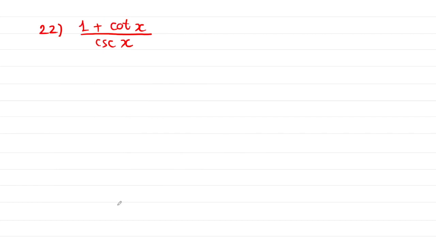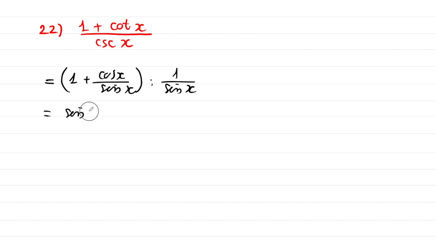Question 22. 1 plus cosine by this. Okay, write it down in horizontal form. You got 1 plus cos divided by sine and divided by cosine. Divided by cosine means divided by 1 over sine, like this. So this is sine plus cos divided by sine.